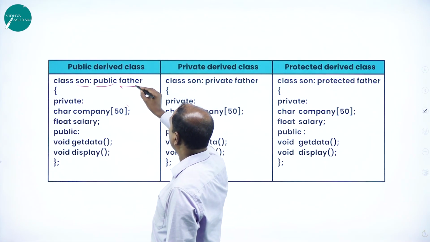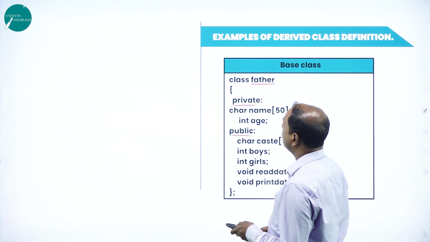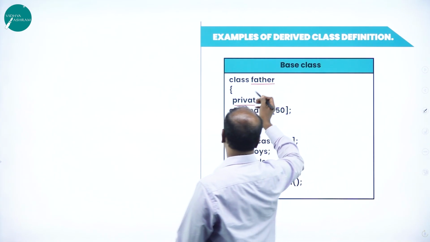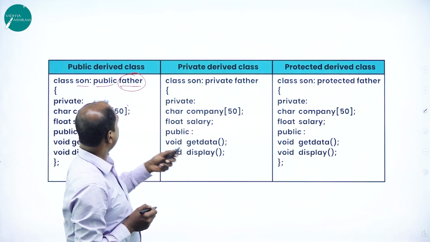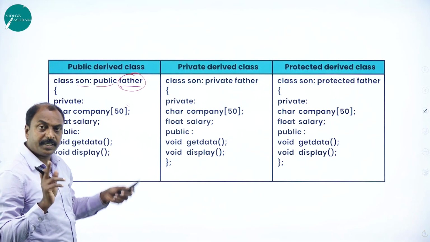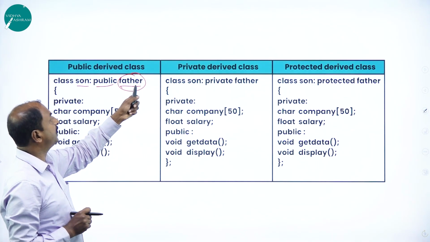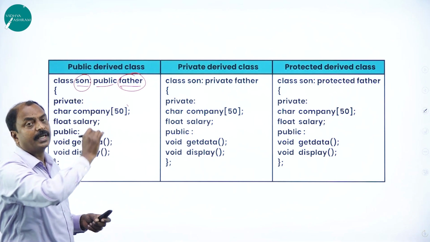By looking at the syntax, we can make out that father is the base class; if you look at the previous slide, the class name is father. So this public derived class inherits properties from the base class, that is father, and son is the name of the derived class.